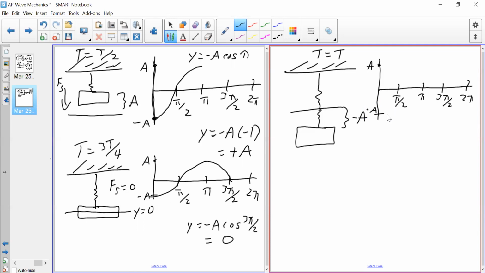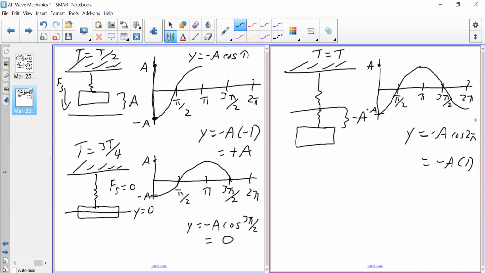So we know cosine of 2 pi is just 1, and so this becomes negative A. So negative A. Full period. Up, over, down, and back.